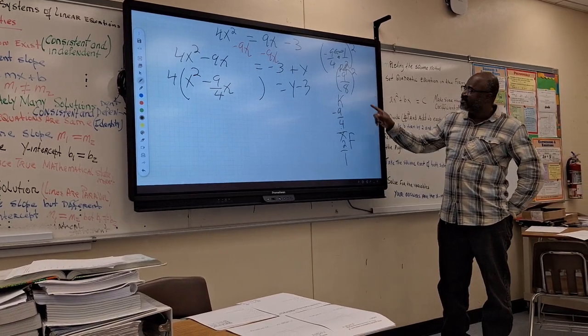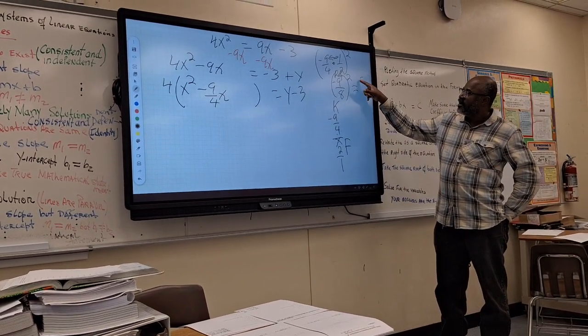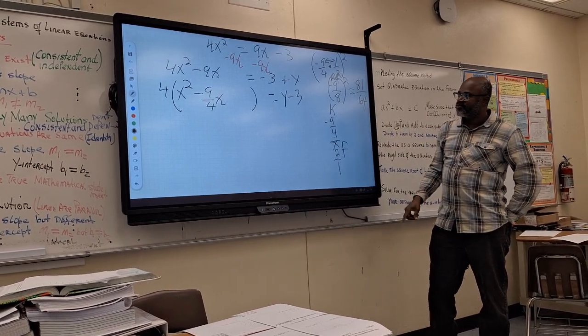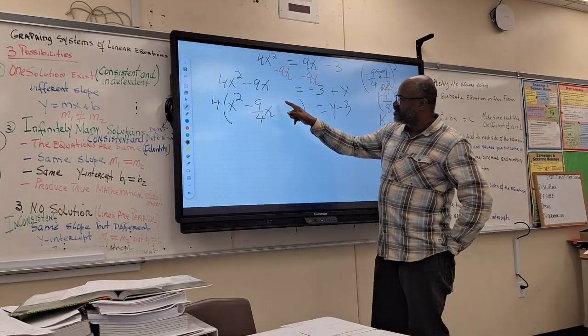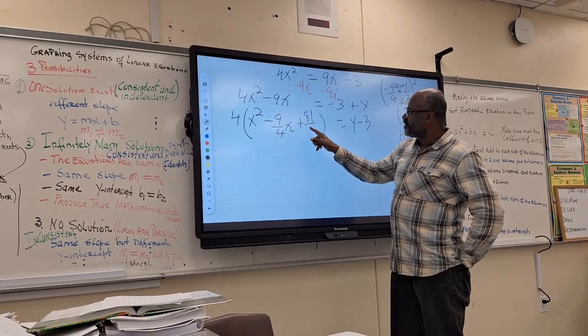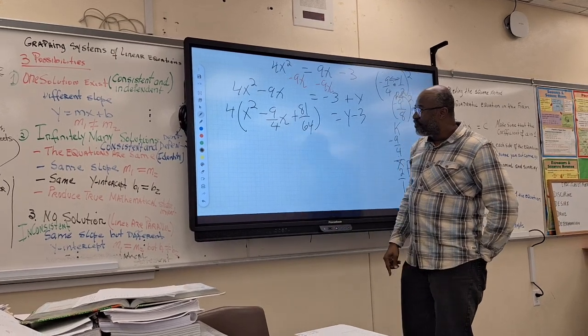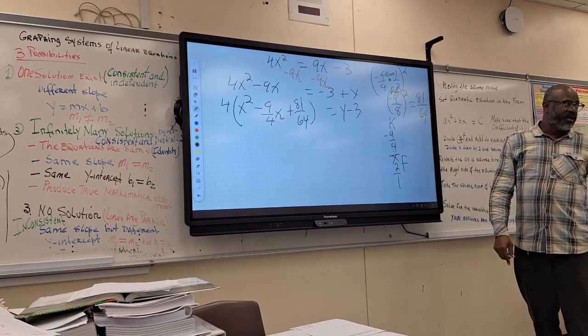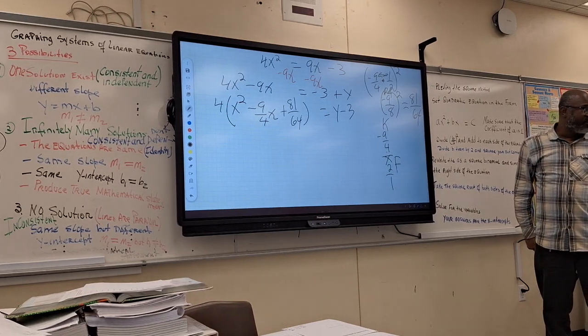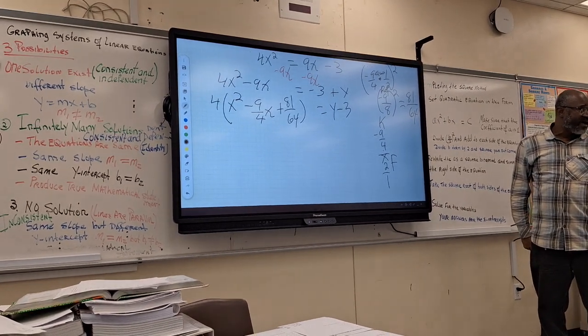When you square it, this becomes what? 81 over 64. That's what you add inside the parentheses to make it a perfect square trinomial. You add 81 over 64 on one side.